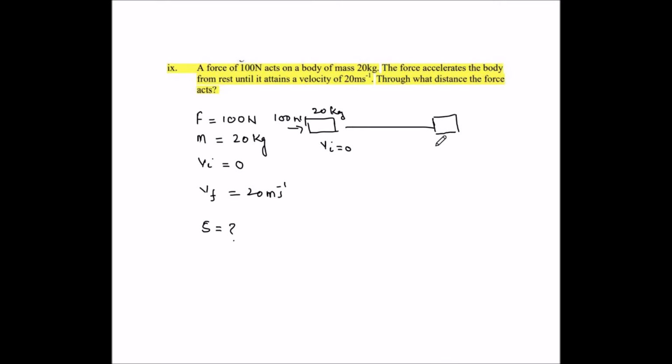This time it was moving with some velocity Vf, 20 meters per second. Of course, it covers some distance from the beginning till this position, and this is distance s, and you need to calculate this distance. How to calculate the distance traveled by the box? By using the equation of motion.